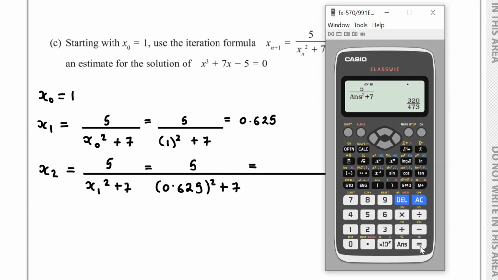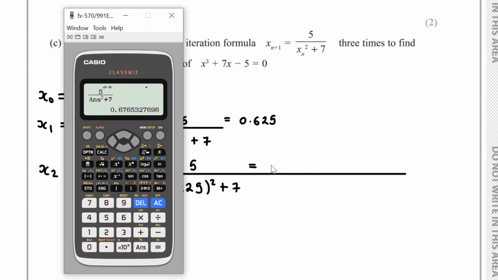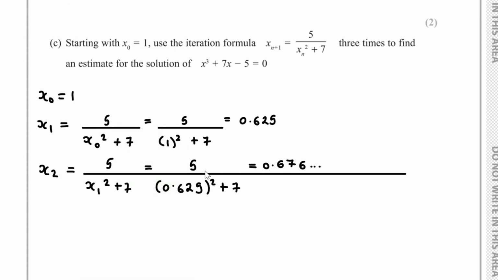So if I press equals here, we get a value of 0.676, etc. So this is the value of x2.